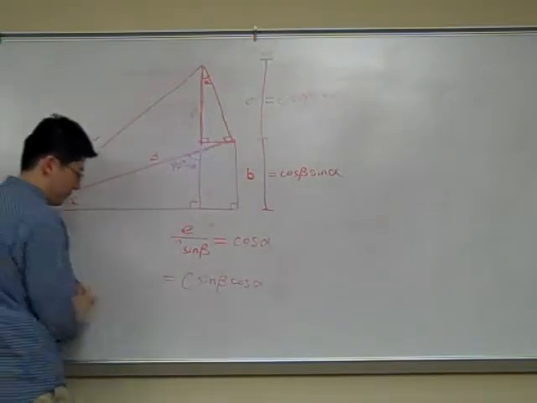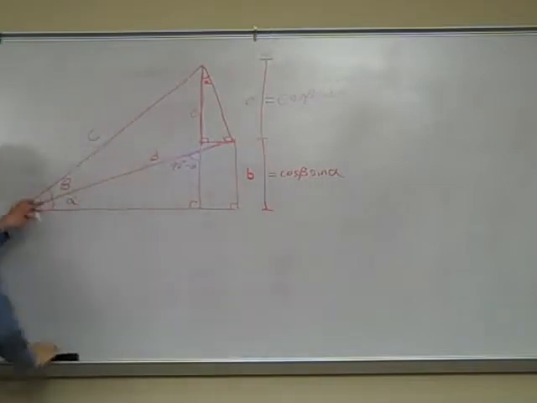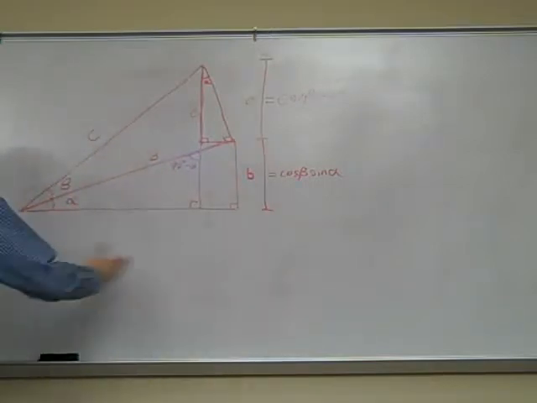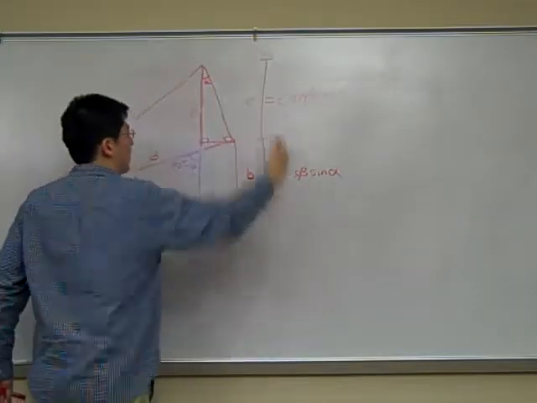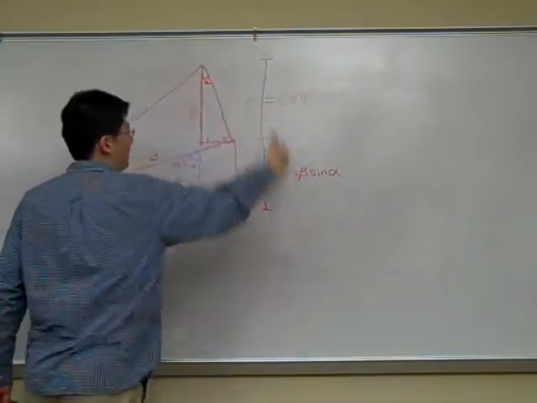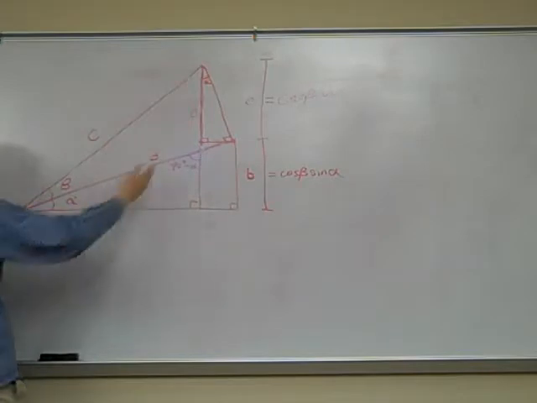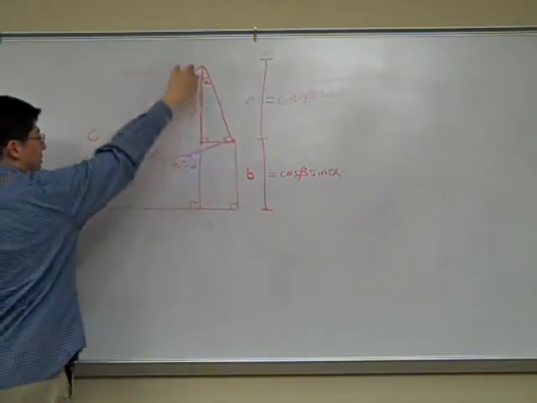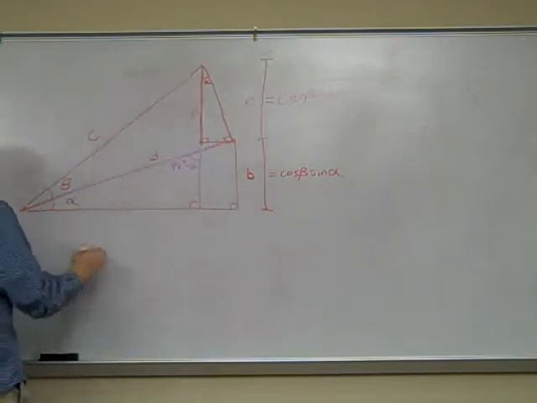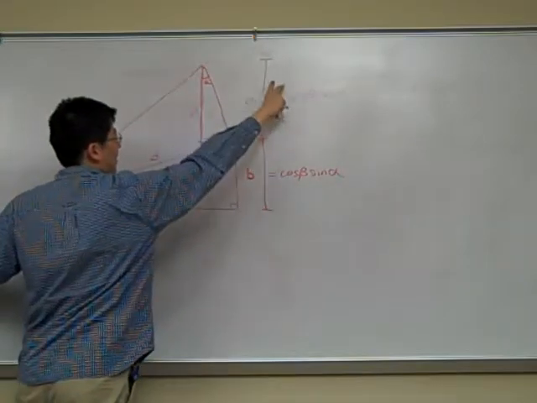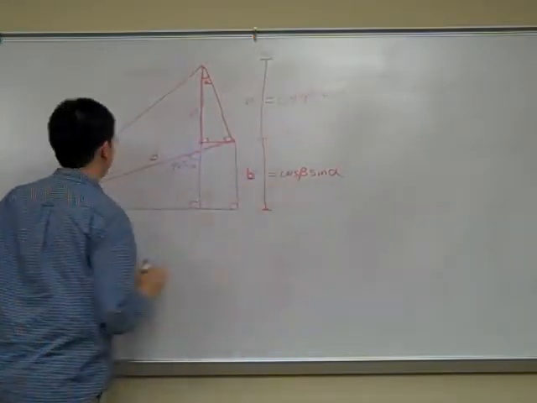Okay, and now, what was the sine of alpha plus beta? Well, that's just the opposite side length divided by the hypotenuse of this triangle. The opposite side length is this length plus this length.